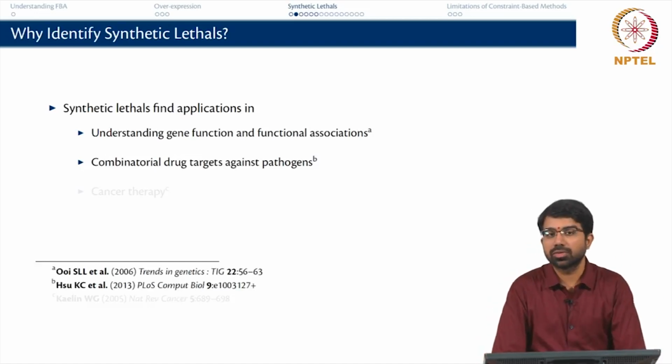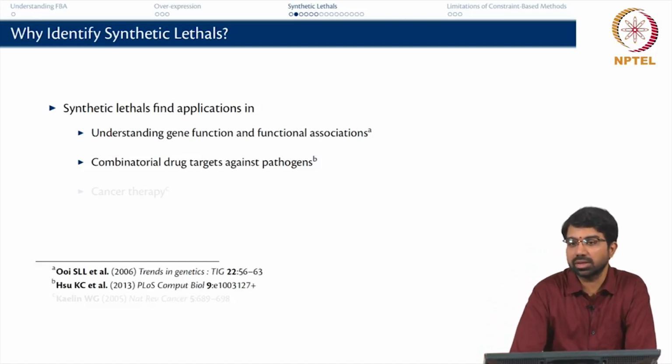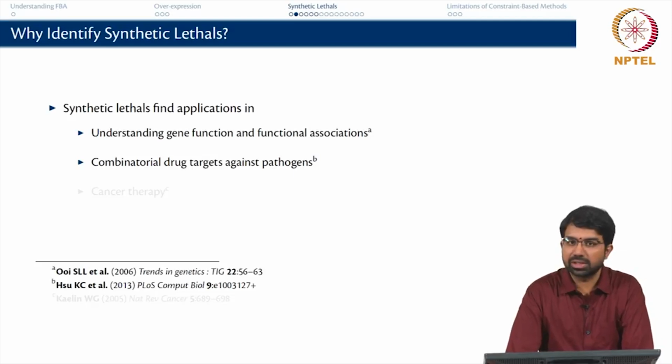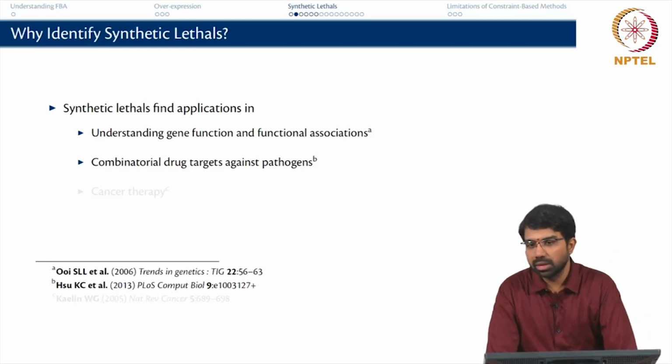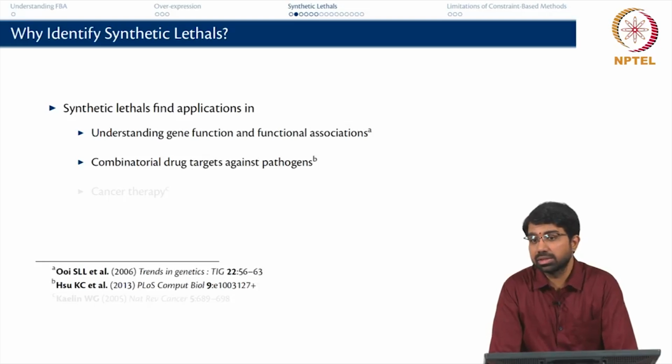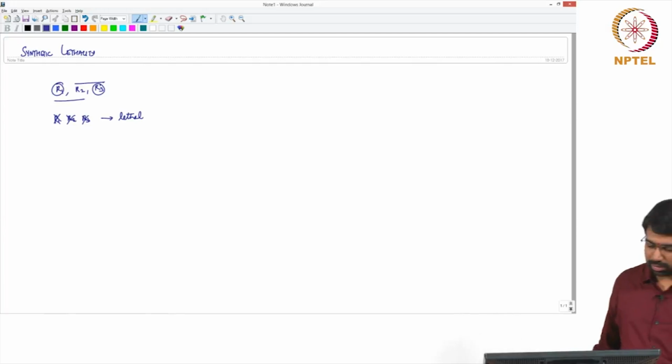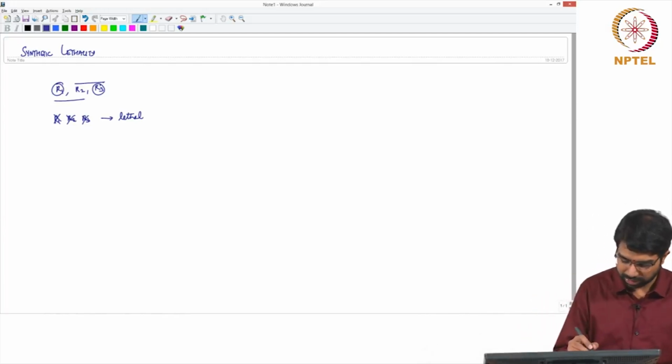Synthetic lethals are also useful to identify combinatorial drug targets in pathogens. This is again a matter of intense research and debate. It is common for bacterial organisms especially to develop resistance. You must have heard of this in diseases such as tuberculosis, and you must be familiar with many of these acronyms.